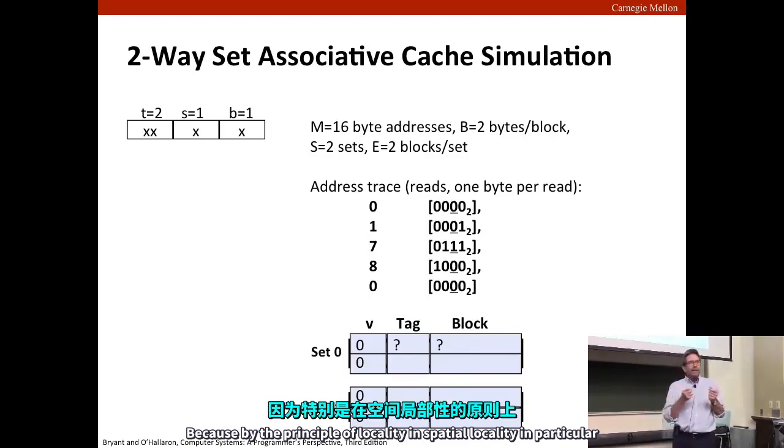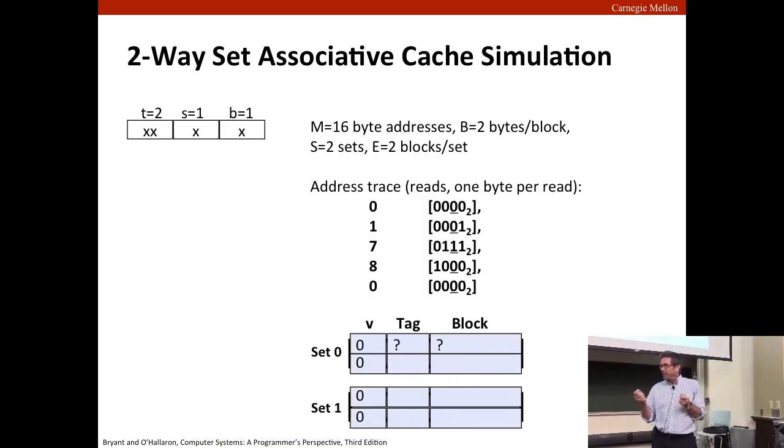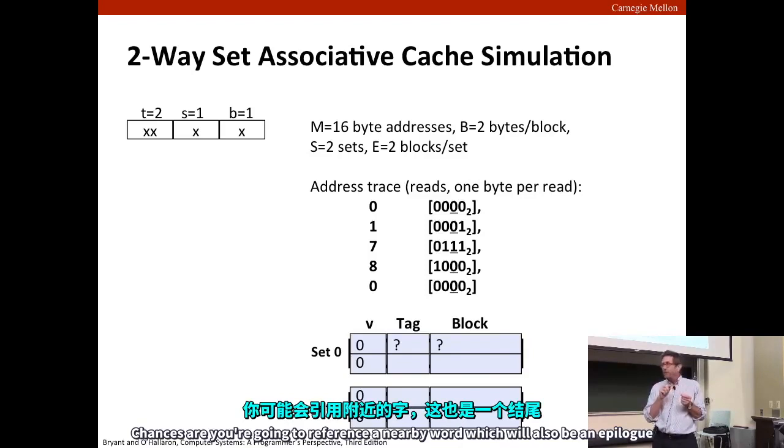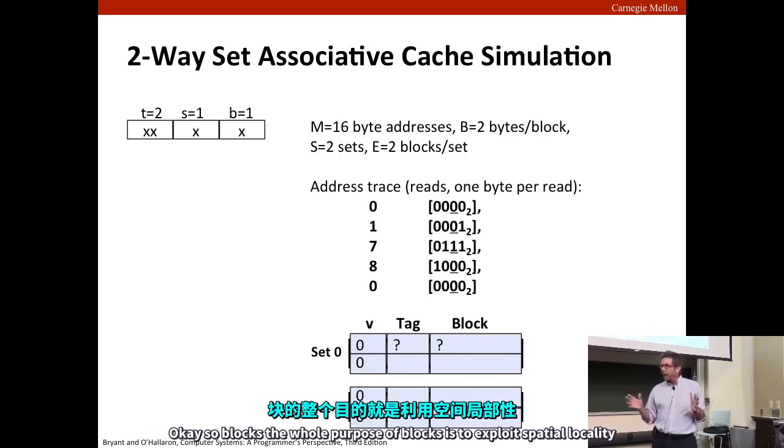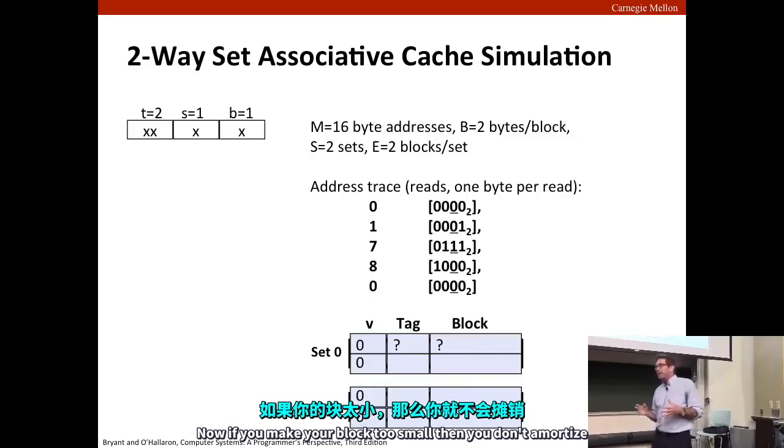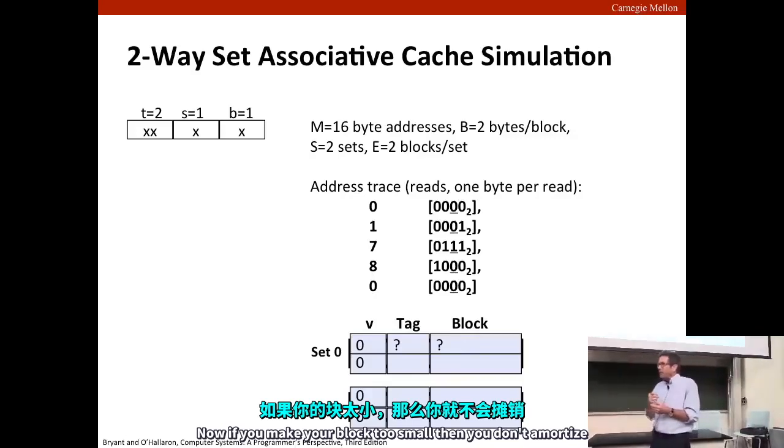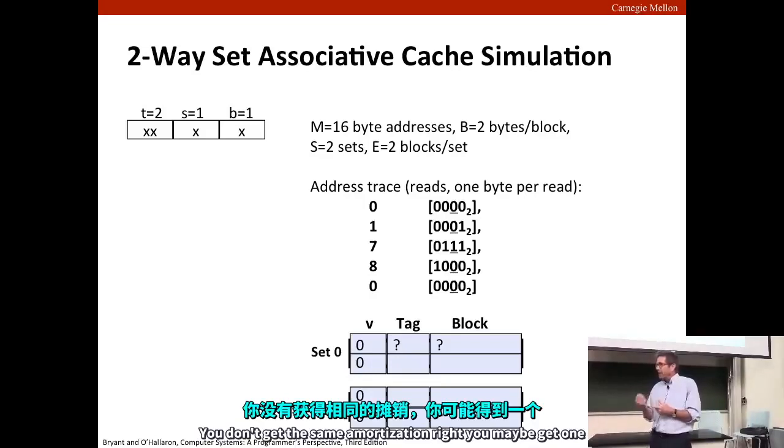Because by the principle of locality, and spatial locality in particular, if you reference a word inside of a block, chances are you're going to reference a nearby word, which will also be in that block. The whole purpose of blocks is to exploit spatial locality. Now, if you make your block too small, you don't get the same amortization.